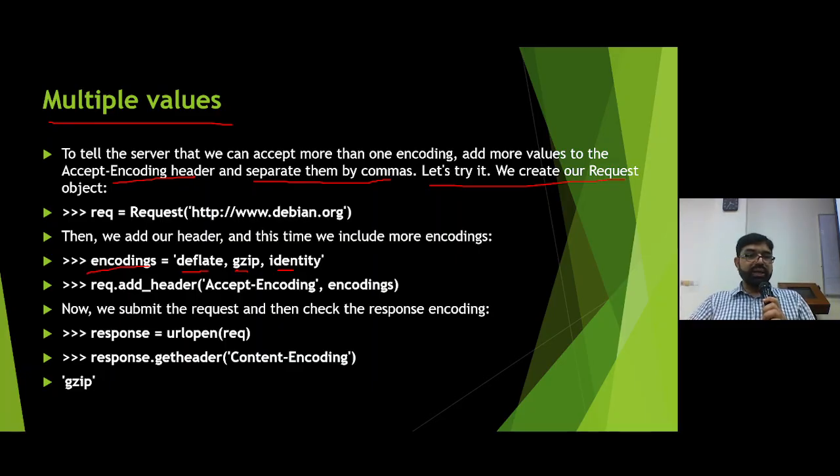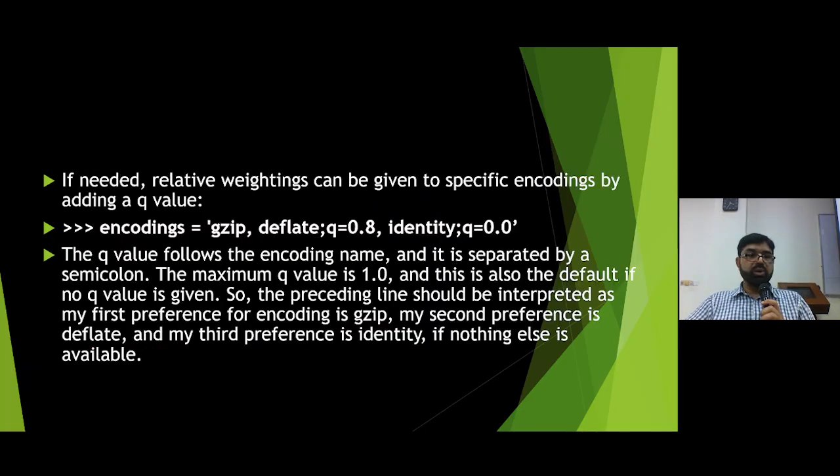So the request header Accept-Encoding, and here you see we write the encodings. Now we submit the request and check the response. When we do response equals urlopen(request), and response.getheader Content-Encoding, we get gzip. So it means that the server only supports gzip encoding. We requested all three, and we got a response of gzip.